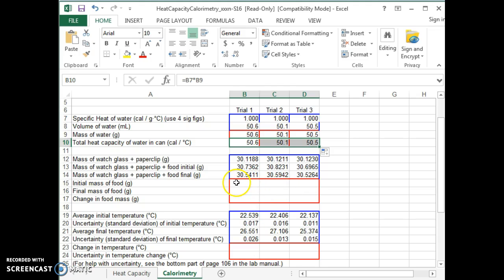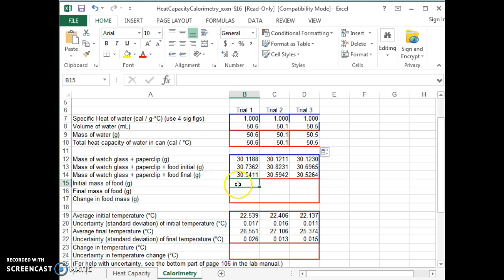Moving on to cell B15, I want to know the initial mass of my food. So this is before I burned it, and I have my mass of my watch glass, paperclip, and food, which was the marshmallow, and then I also have the mass of just my watch glass and paperclip. So I'm just basically going to be subtracting row 13 minus row 12.